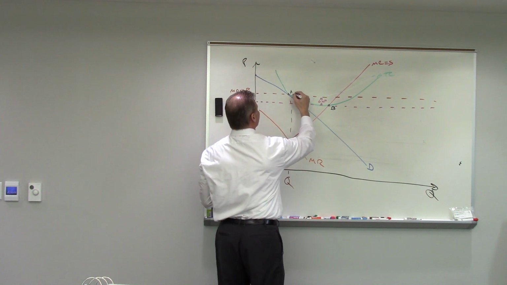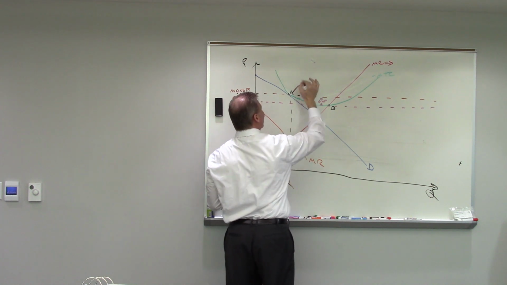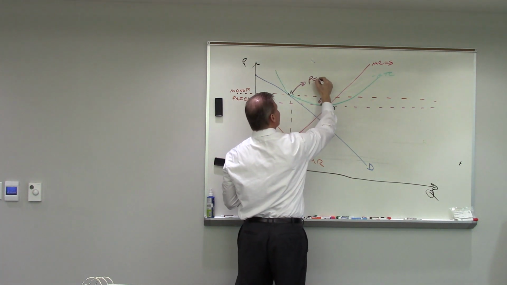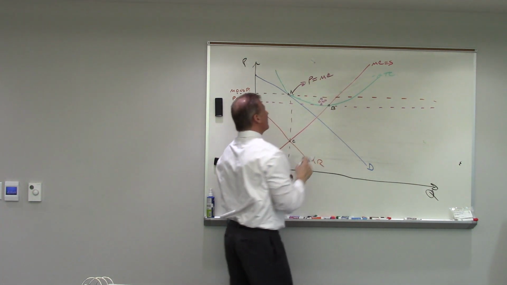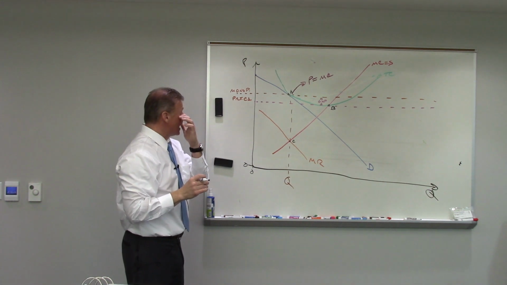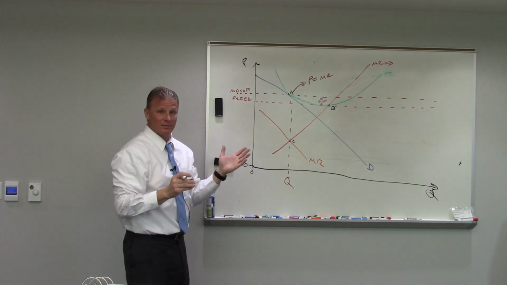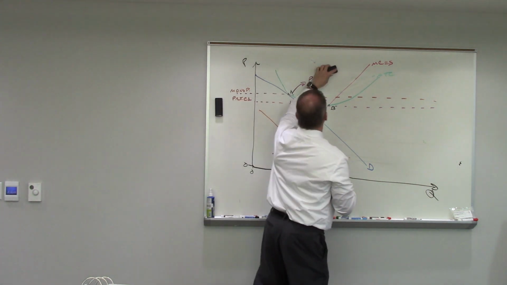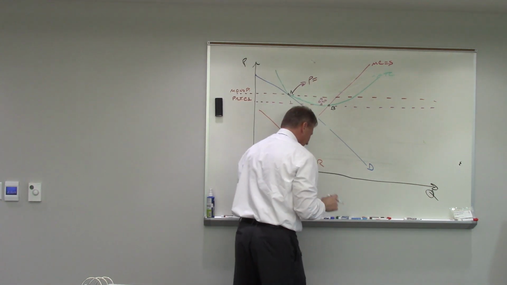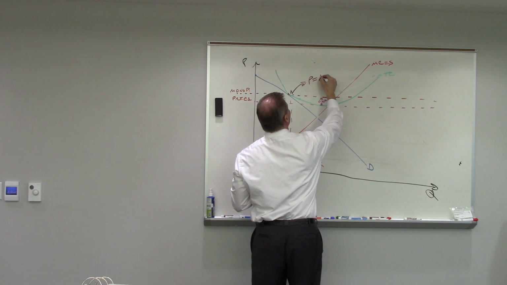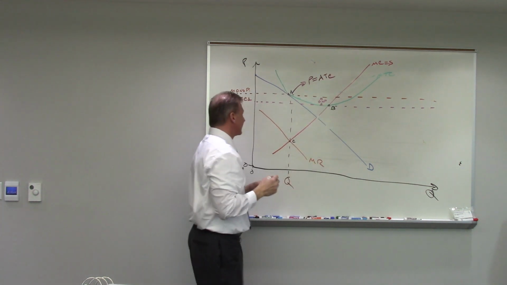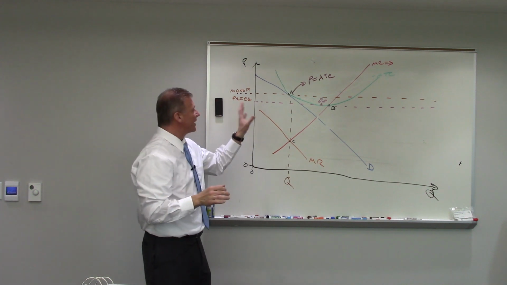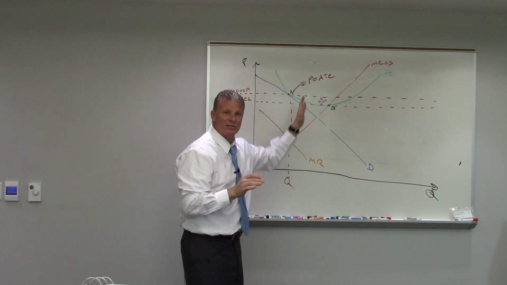What's going to happen is at point A, price is going to start to equal marginal cost. Sorry about that. What that means is that competition has taken over, and that's basically how things have worked out.